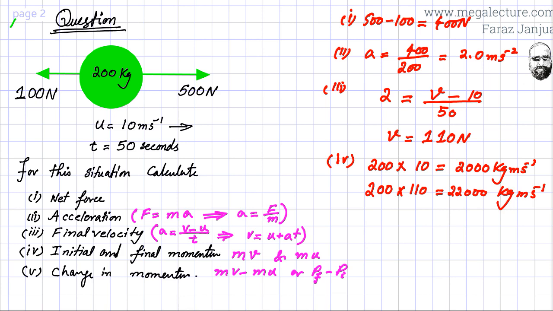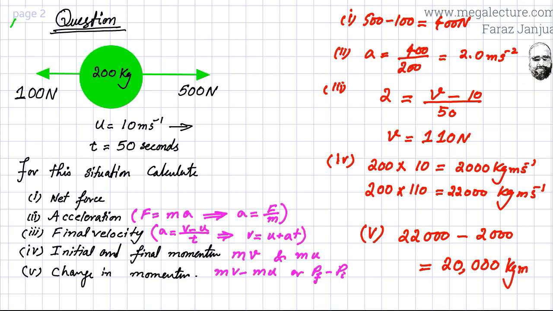So how will we find change in momentum? It is actually final momentum minus initial momentum. So it is 22,000 minus 2000, and the answer should be 20,000 kg meter per second, or you can also say it is Newton second.